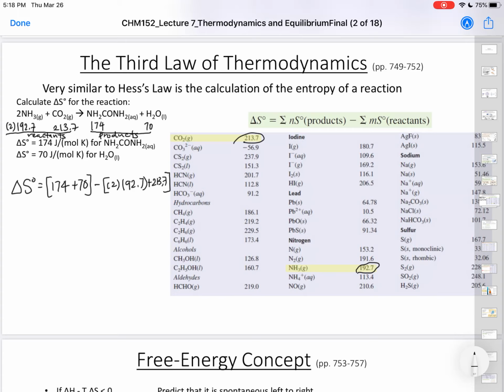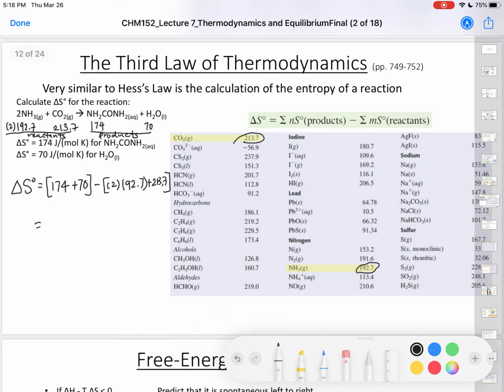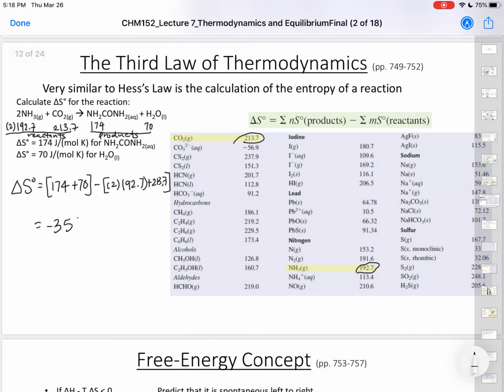If you're doing this all the way through, 174 plus 70 minus 2 times the reactants, this comes out to approximately, I'm going to round it a little bit, minus 356 joules per kmol.